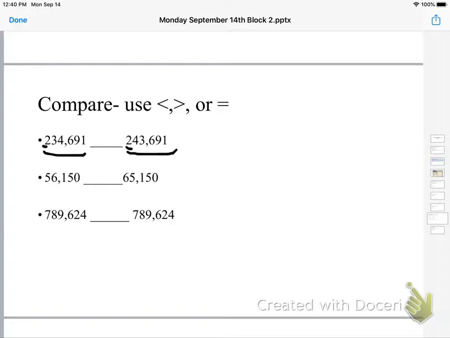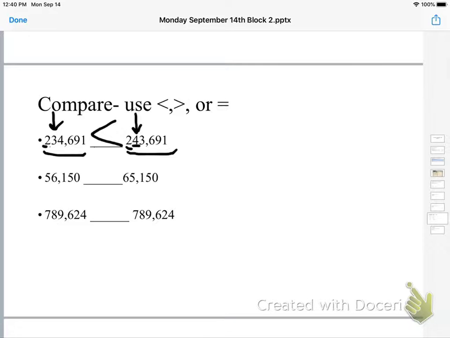Then I've got a 3 and a 4. Ooh, this 4 right here is bigger than this 3, which means that this is the bigger number where the alligator mouth is going to eat and chomp down. So we have 234,691 is less than 243,691. Let's take a look at the next one.